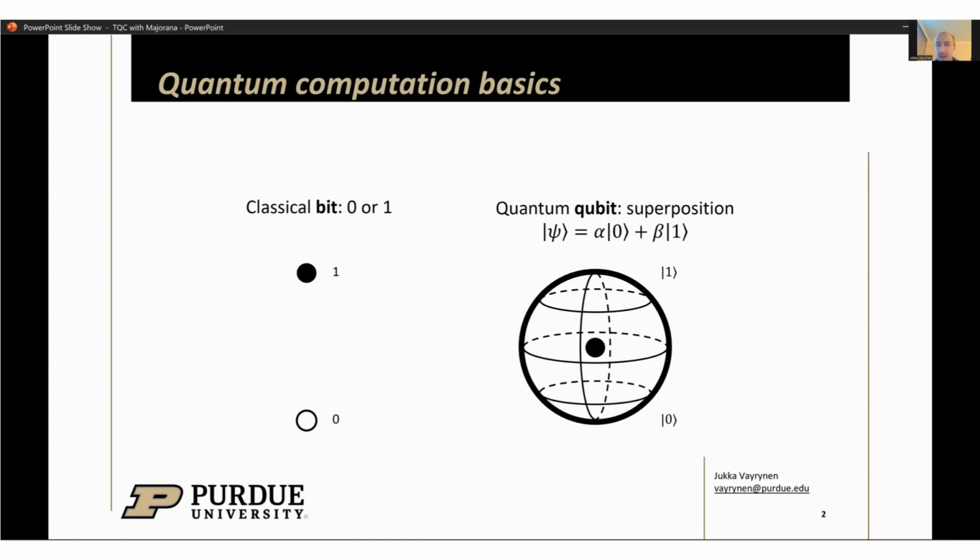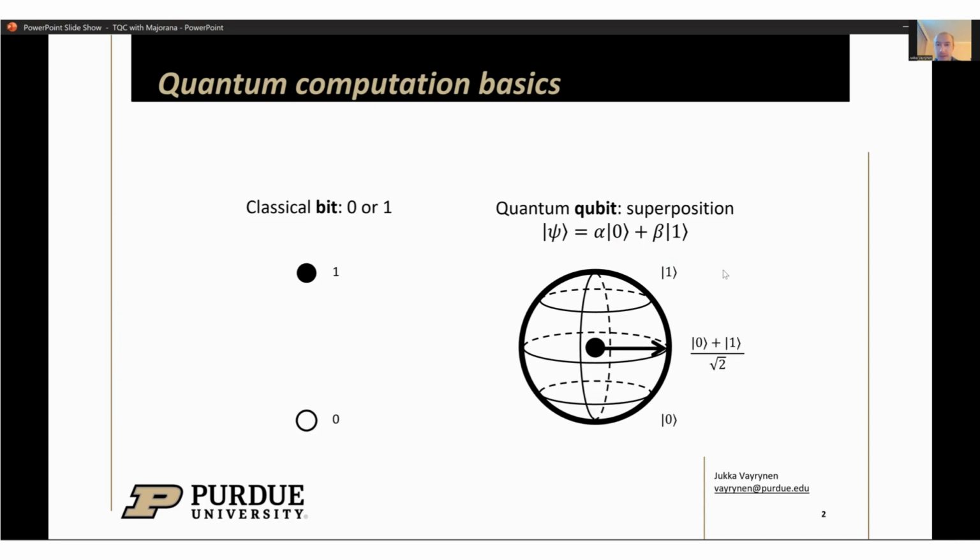And you can put this into arbitrary superposition of these two states. And in this talk, I will call these two states 0 and 1 rather than, let's say, spin down and spin up, mostly because we will see that these numbers 0 and 1 actually correspond to some kind of occupation number of a fermion.